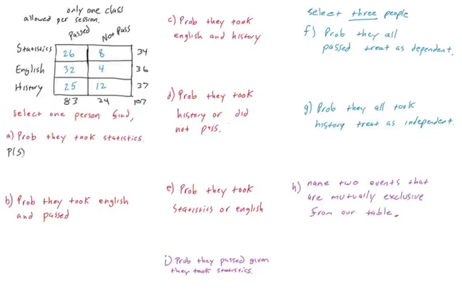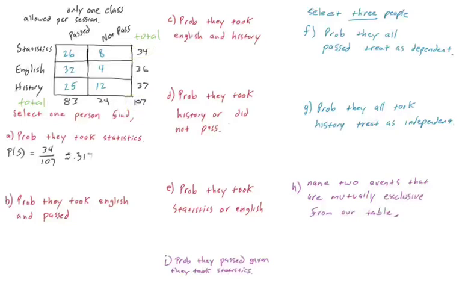So the probability they took statistics, I'm going to use P of S. The total statistics, these are our total columns on the edge there, so the grand total is going to be 34 out of the 107 that we have there.